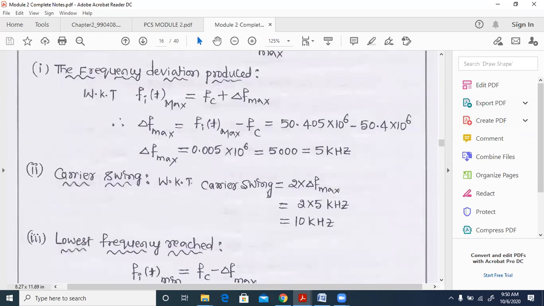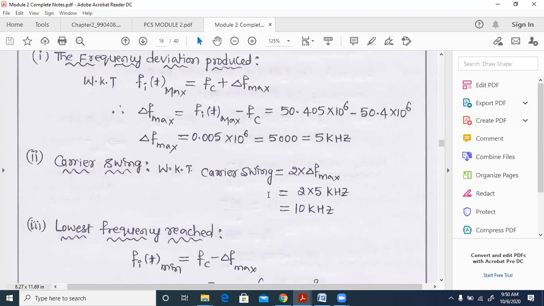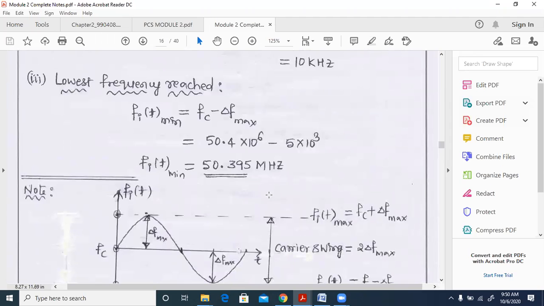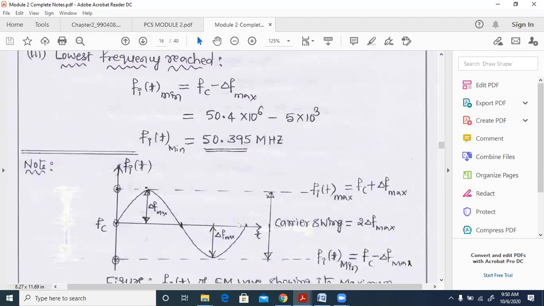You can see that del F max is F max minus FC, that will give us 5 kilohertz. Carrier swing is double of that, that is 10 kilohertz. Lowest frequency is FC minus del F max, that is 50.4 into 10 to the power of 6 minus 5 kilohertz, that will give 50.395 megahertz.